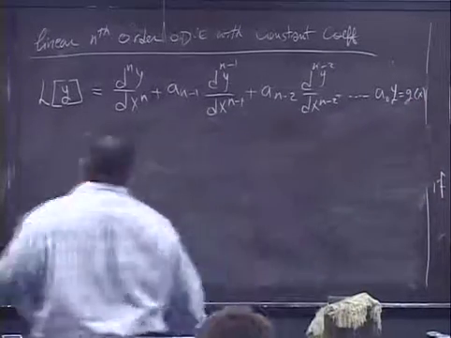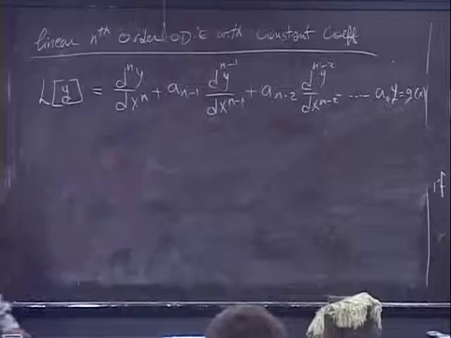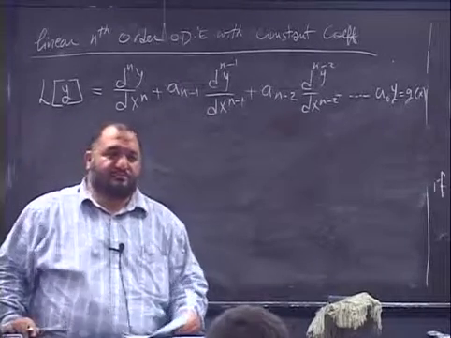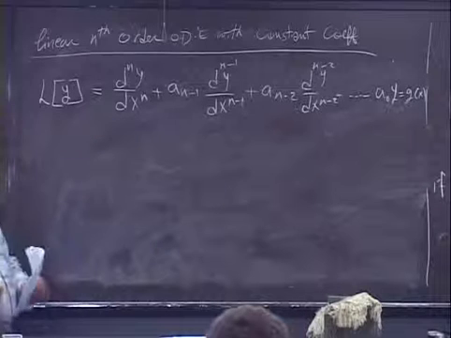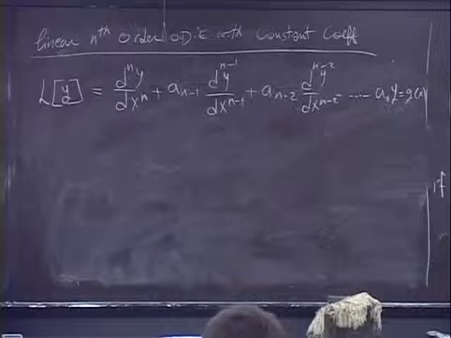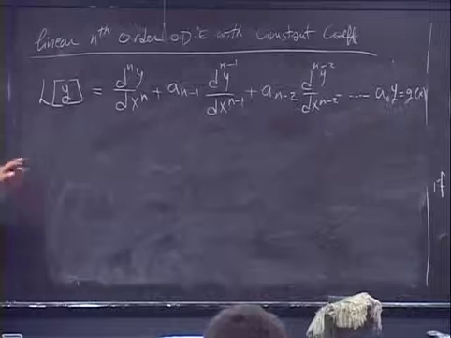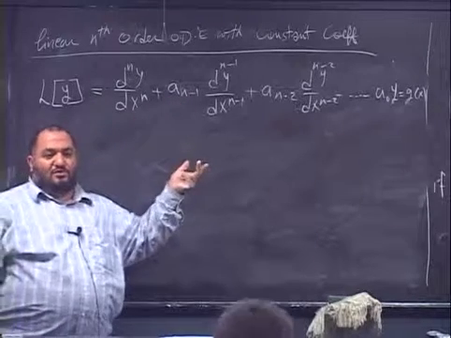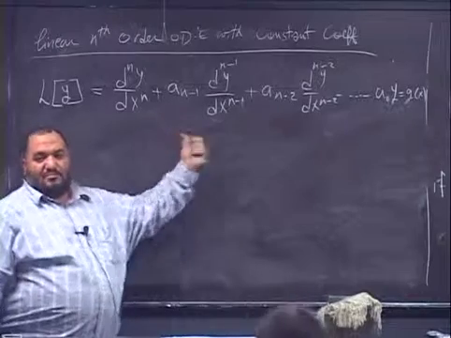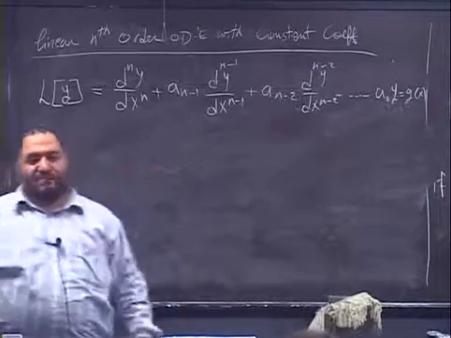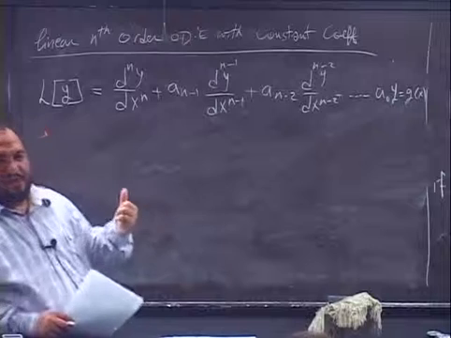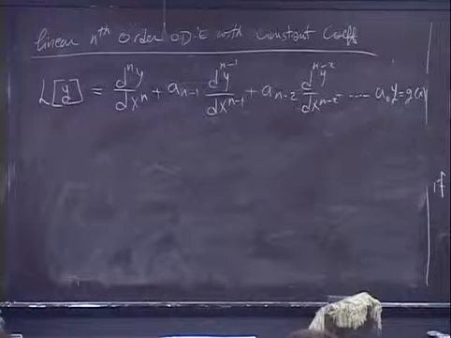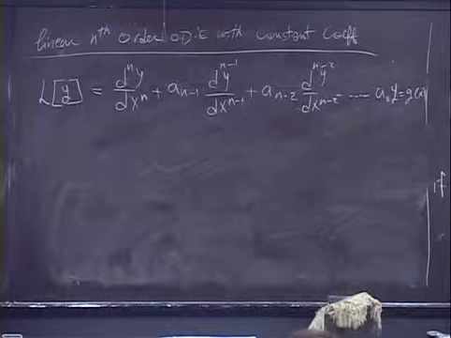Can somebody tell me what's the difference between this one and the one with variable coefficients? All of your coefficients are not functions of x. So I wrote a to mean constant. But when it is variable, I wrote P of x. P of x can be any function of x. Okay, guys?